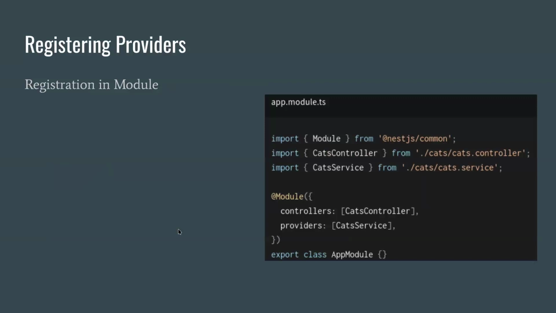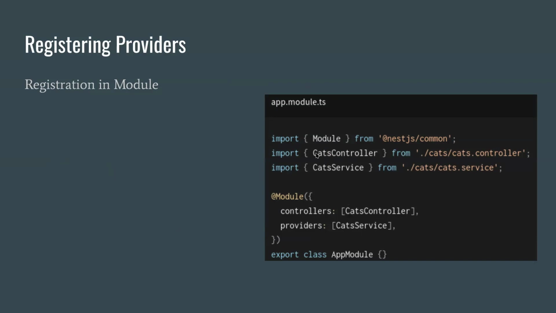Registering providers. In order to use a provider, you need to register it in a module. Here is how you would register the cats service that you looked at in a module.